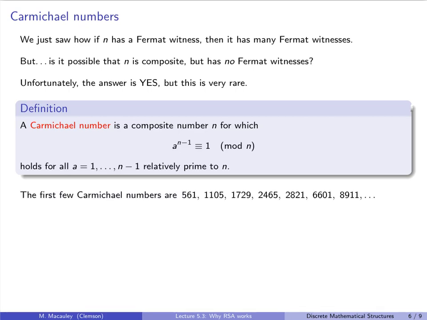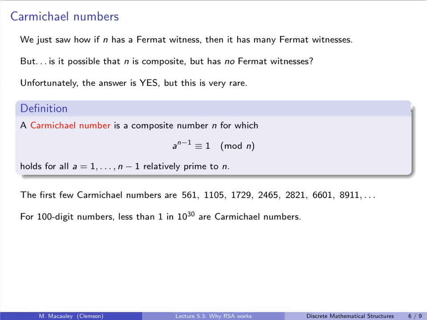The first few Carmichael numbers are the following: 561, 1105, 1729, 2465, 2821, 6601, 8911. That's not very many of them. Among the first 89,000 possible numbers, there's only 7.